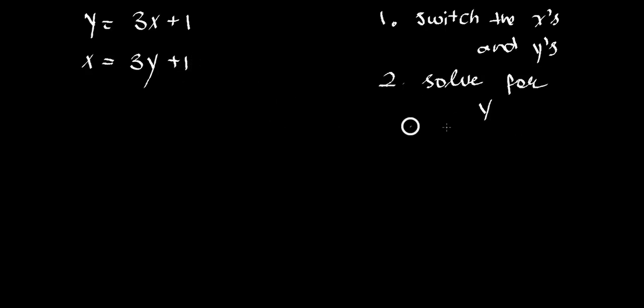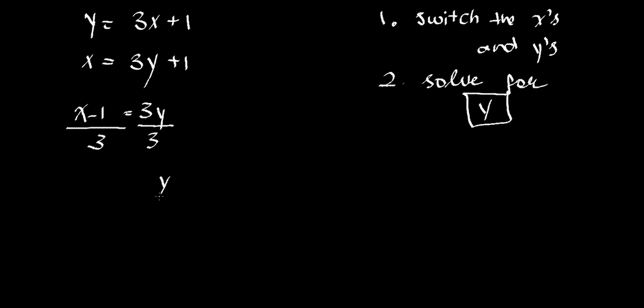So first I'm going to subtract a 1, so I move this 1 to this side, and I get x minus 1 equals 3y. And I want y by itself, so I'll divide by 3. And so y equals x minus 1 over 3.